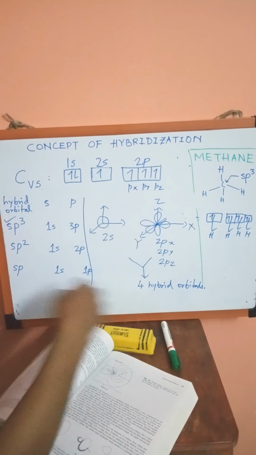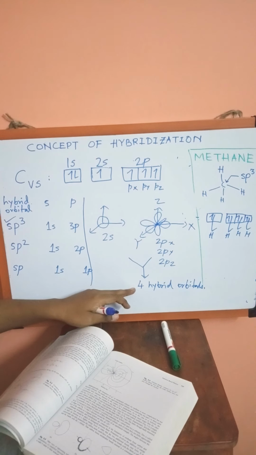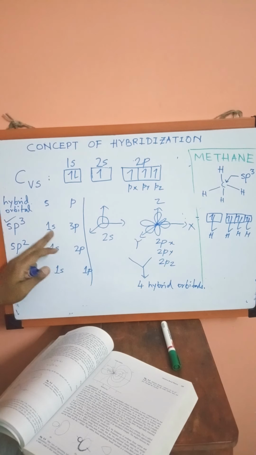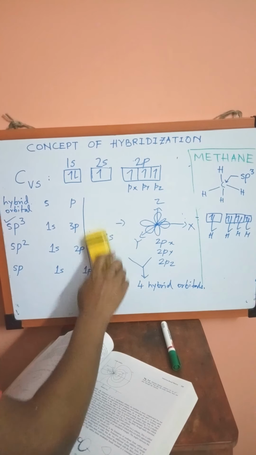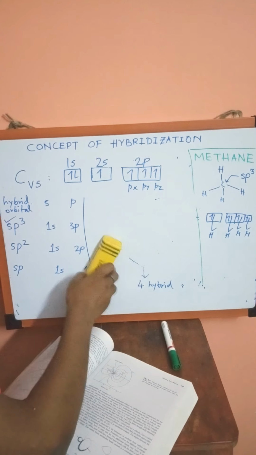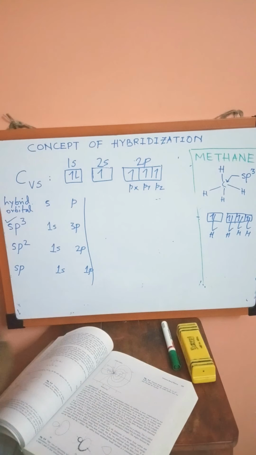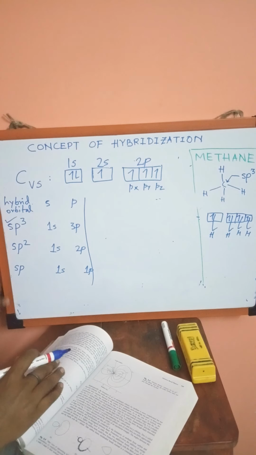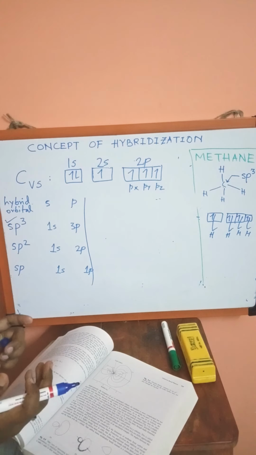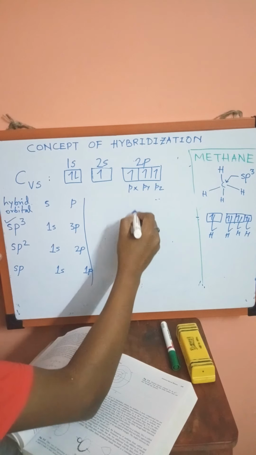Through this combination, it is observed that the resultant 4 hybrid orbitals, which are the result of a mixing of 1s and 3p, that is 4 sp3 hybrid orbitals, will look like this: the 4 lobes of hybrid orbitals will be projected toward the corners of a tetrahedron, resulting in a tetrahedral geometrical shape, and it will look like this.